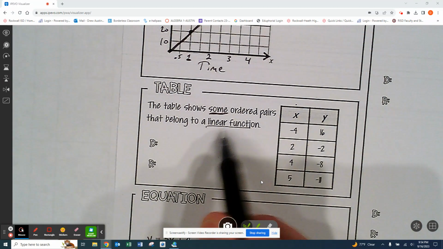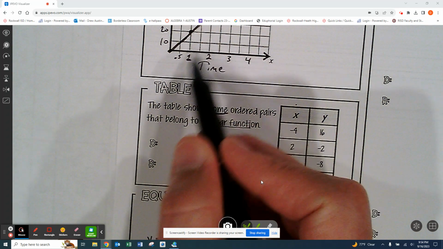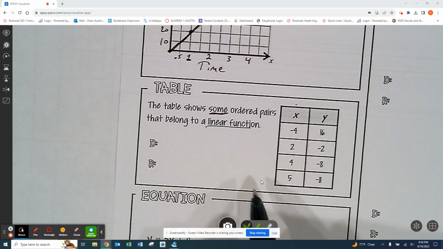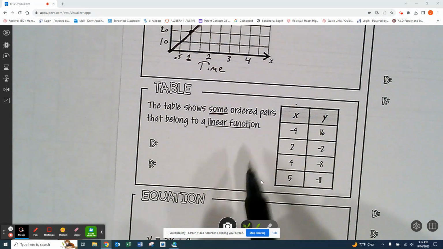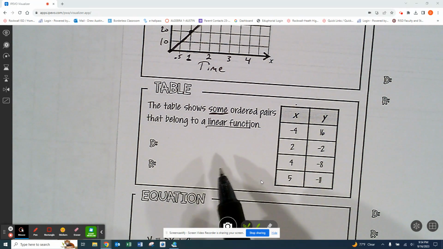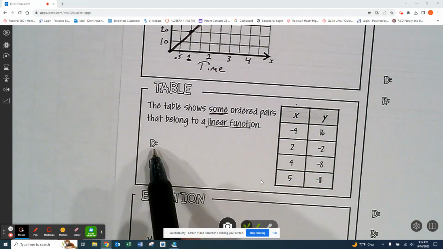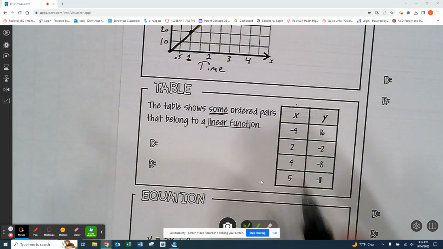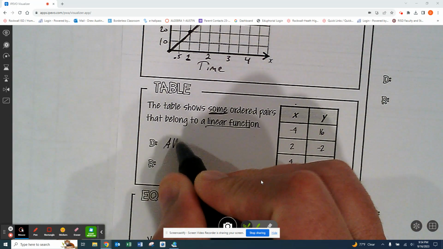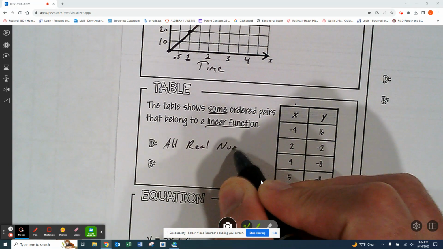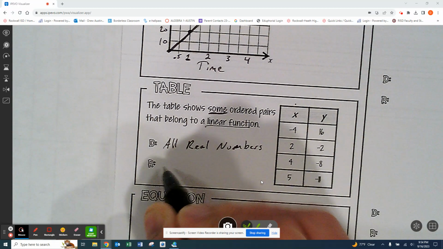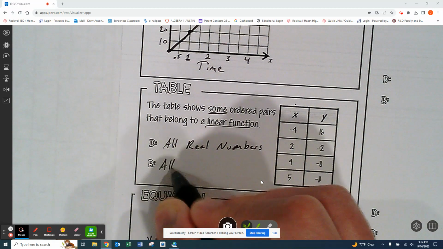Remember, a linear function is just a line. That's it. I don't know anything else. I don't know any restrictions on this at all. So because there are no restrictions, that means there is no limits on the domain or range. And in fact, I can use all real numbers on both my domain and range.